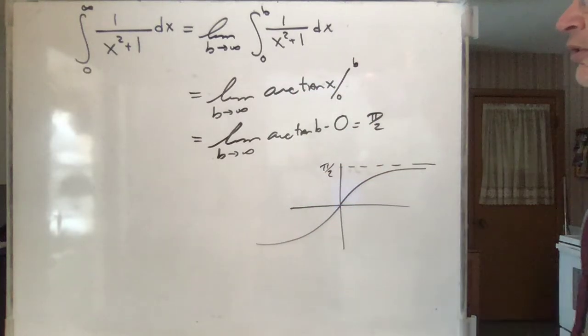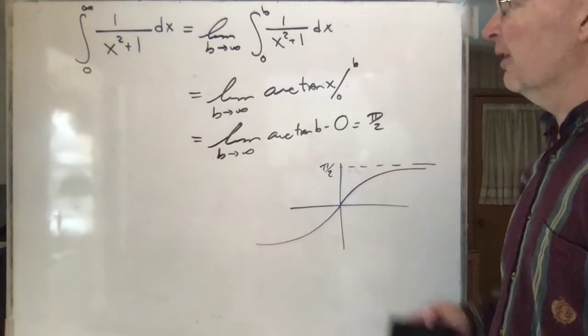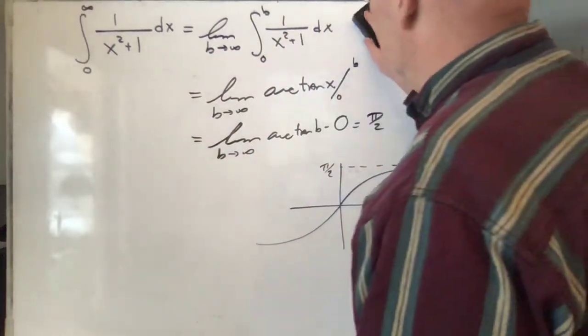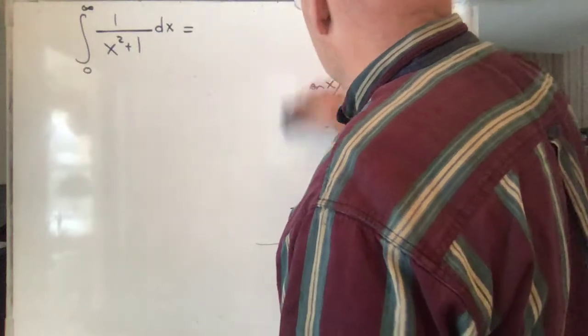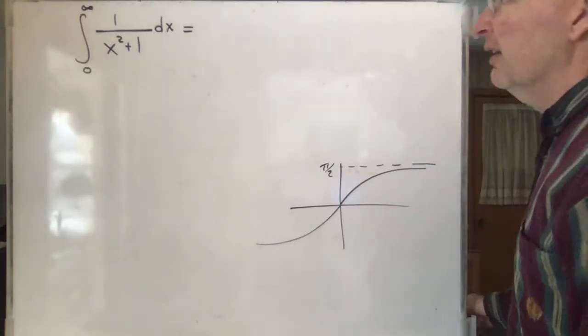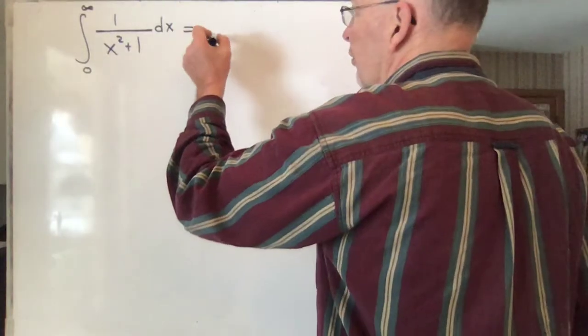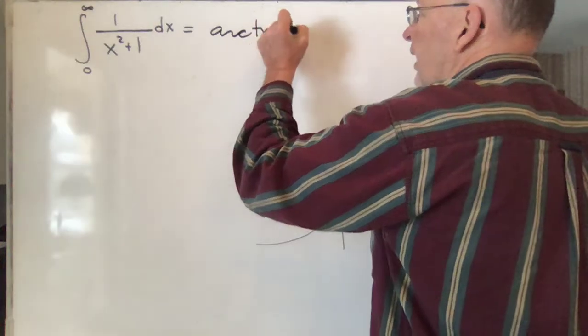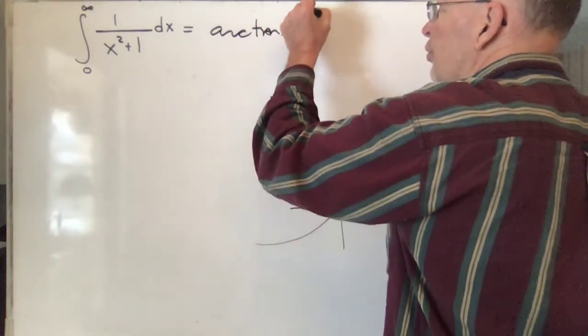This is the way I always do the first few problems, just to make sure that people understand what's going on. But after you've done a few of these, you start realizing, heck, I can kind of mentally do that in my mind and just go ahead and do this. Just write, oh, this is the arctan of x from 0 to infinity.